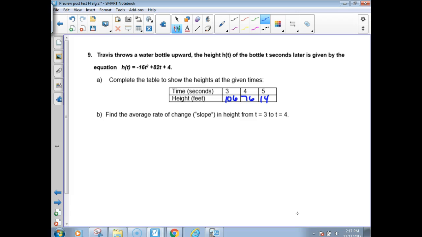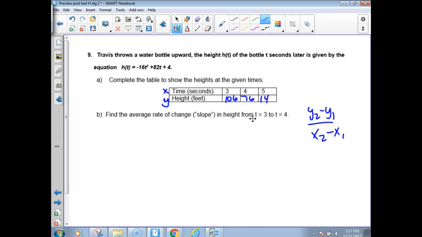Okay, then it says find the average rate of change, or the slope, in the height from time of 3 seconds to 4 seconds. You remember that slope formula? Rate of change is y2 minus y1 over x2 minus x1. Okay, so these would be your y's and these would be your x's. Your time is the x.